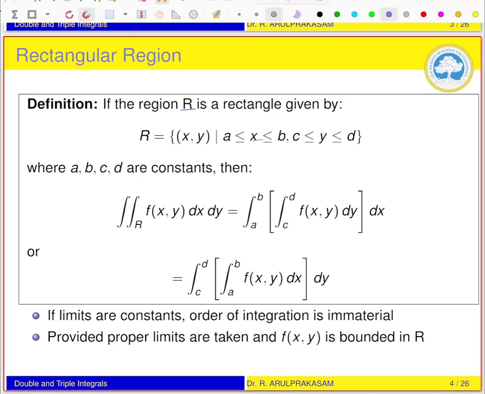Here a, b, c, d are constants. Then the formal notation of the double integral is the double integral over the region R of the function f of x comma y dx dy.